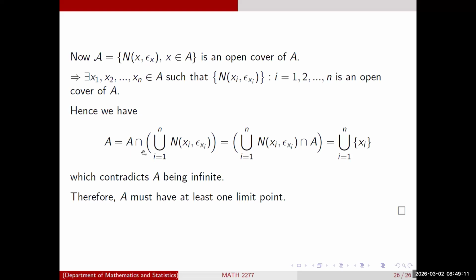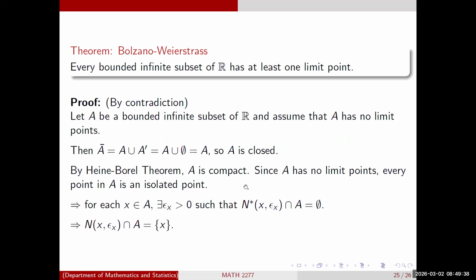Now, you know that you have De Morgan's law that tells you how intersection distributes over unions. So we can move this intersection into the union, and we get the neighborhood intersection A. We have a result for that. Let's go back. Look, it's the last line here. Each of these neighborhoods, when you intersect them with A, is just the center of that neighborhood.